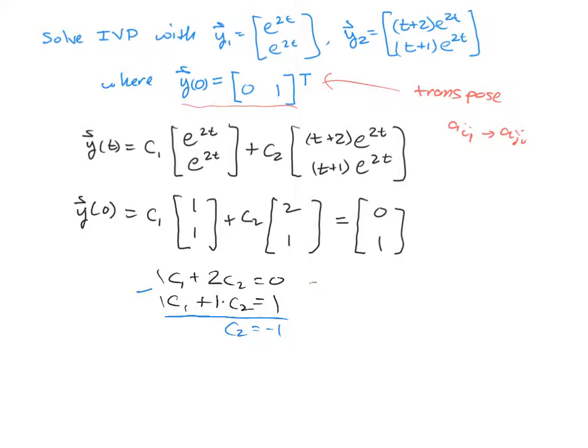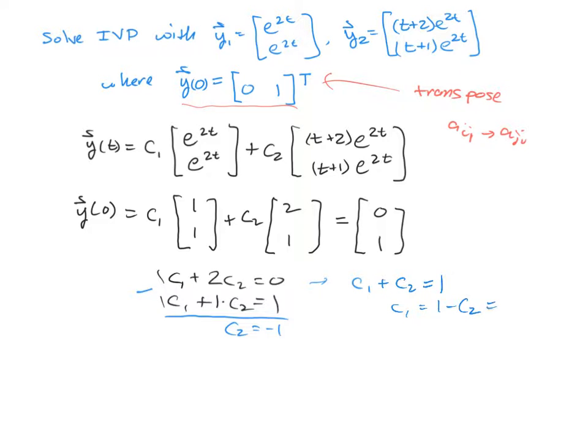And now we can go back to the second equation, and we see that if our c1 plus c2 is equal to 1, that means c1 is just 1 minus c2.